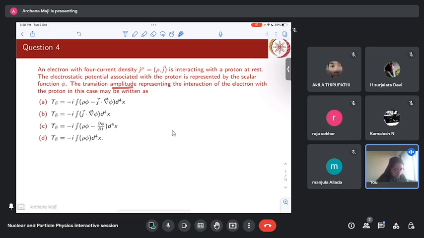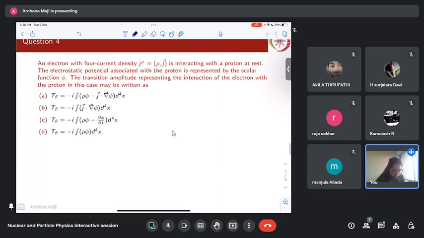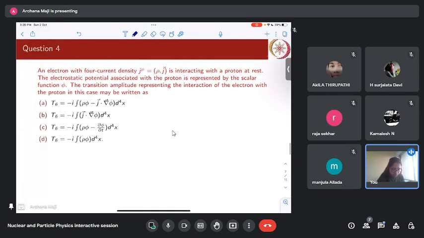The transition amplitude representing the interaction of the electron with the proton in this case may be written as, so this is the case of interaction of a charged particle with a potential. Since the proton is at rest, because of that proton there is this electrostatic potential, and the interaction is happening between the electron and this electrostatic potential due to the proton.